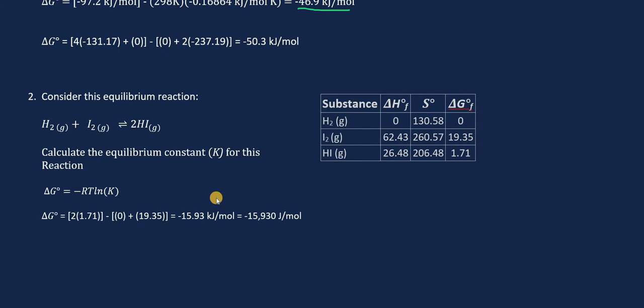I didn't specify the temperature, but the temperature for this is going to be 300 degrees Celsius. So we also need to convert this temperature, 300 degrees Celsius, into Kelvin. Remember that Kelvin is equal to your temperature in Celsius plus 273. So if we add 273 to 300, we'll get 573 Kelvin as our temperature.